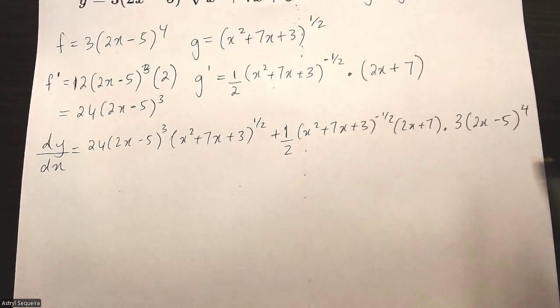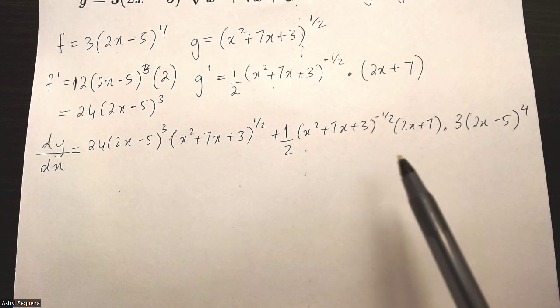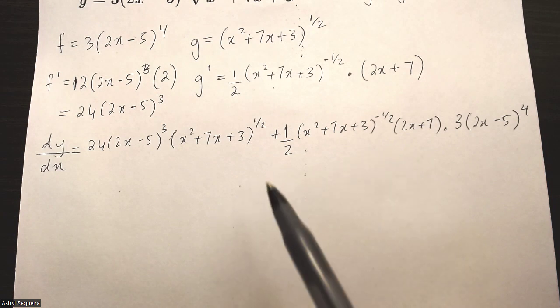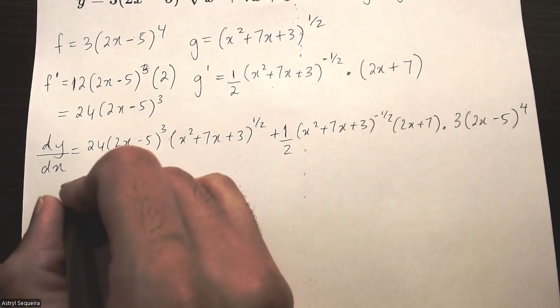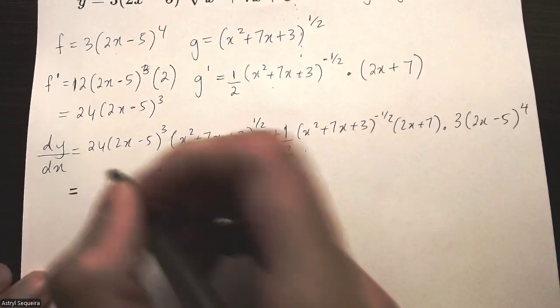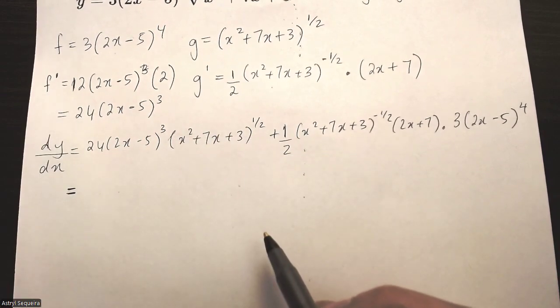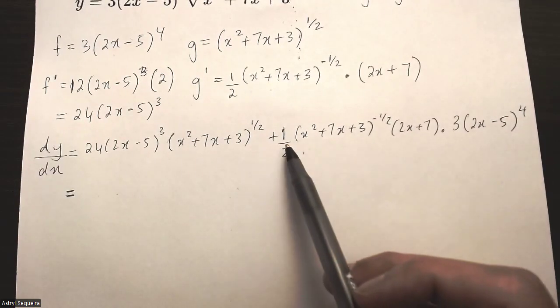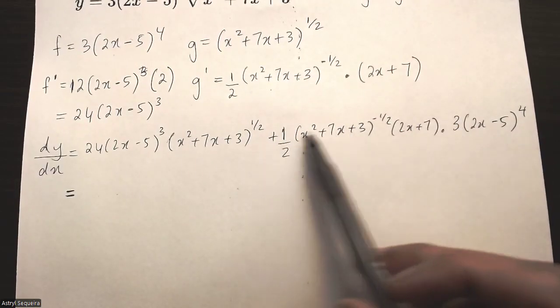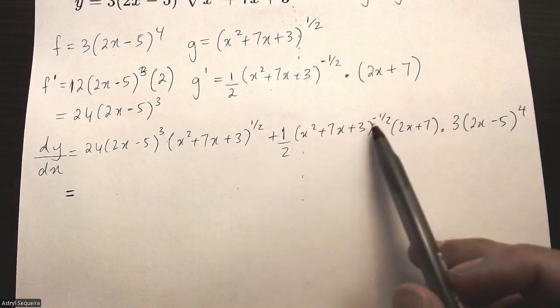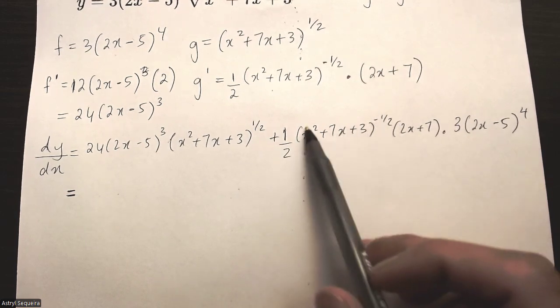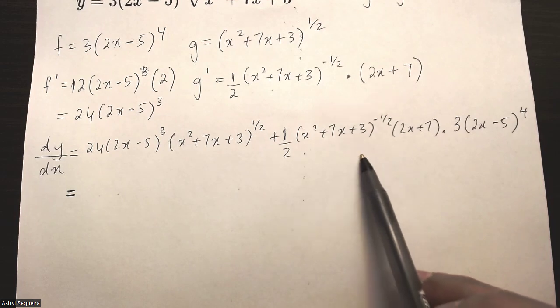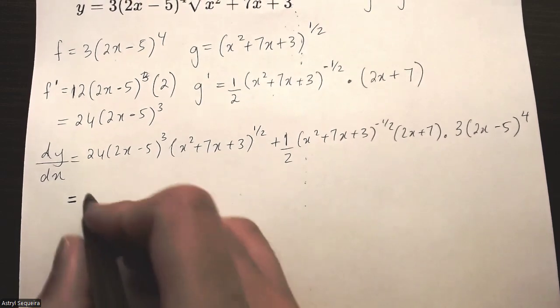If you don't have to simplify it, that would be a final solution, but we're going to simplify it for the purposes of this equation because for this class, it's required to be fully simplified. So to simplify, the first thing I'm going to do is combine this 1 over 2 and this 3 over here. And I'm also going to move this negative exponent to the denominator so that I don't have a negative exponent anymore.